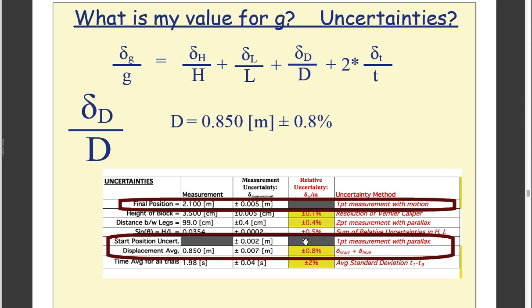And then I add those measurement uncertainties to find the measurement uncertainty in my average displacement. And I take that measurement uncertainty and divide by my average displacement to get the relative uncertainty in displacement. And we remind ourselves that the uncertainty in displacement is the uncertainty in start plus the uncertainty in the final position.